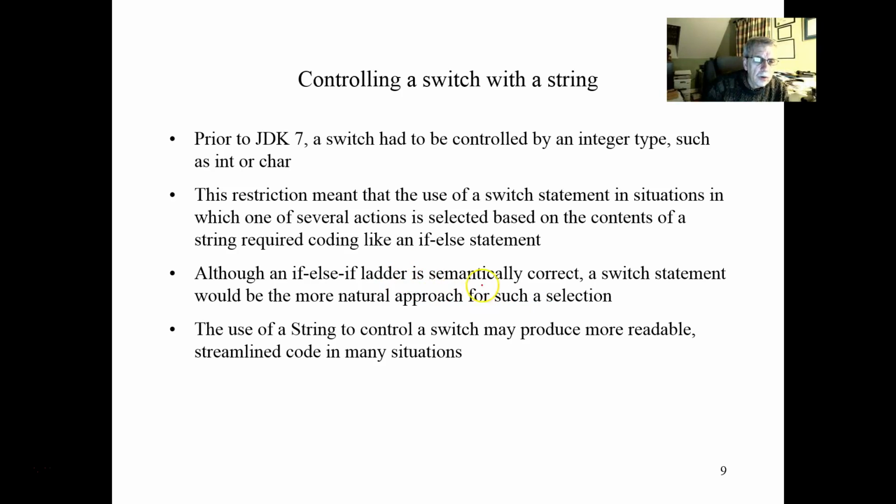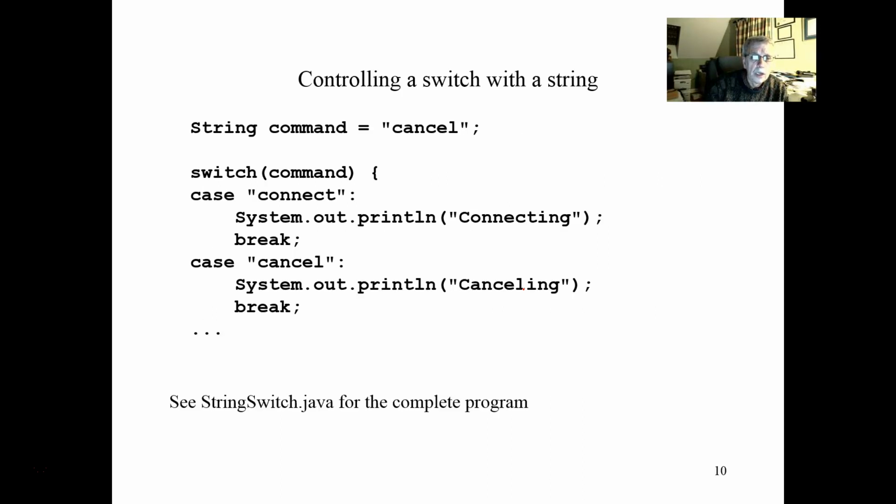So the point here is that the if-then-else type of structure, or if-else-if structure, presents kind of a ladder. Although semantically correct, the switch statement might seem to be a more natural or intuitive way to perform the series of evaluations, make a selection as to which block of code should execute. So this may enhance the readability of your code by being able to use string with a switch statement.